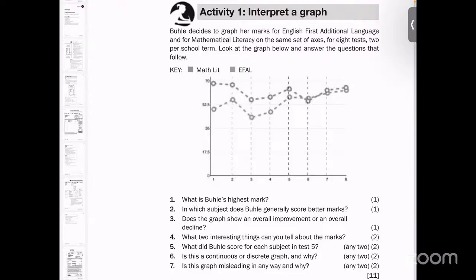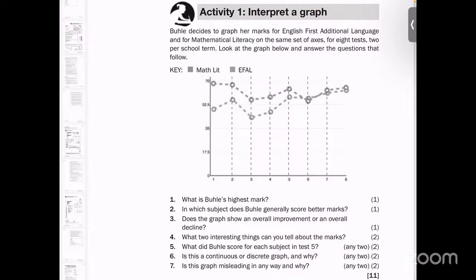Maybe by just going through those questions, we might have an idea of exactly what we are dealing with over there. So number one, they say, what is Boutle's highest mark? Can you see, honorable member? You need to be very, very careful there.